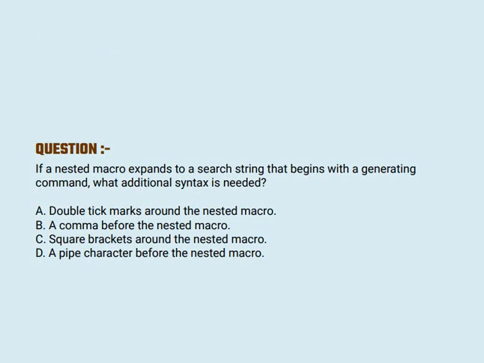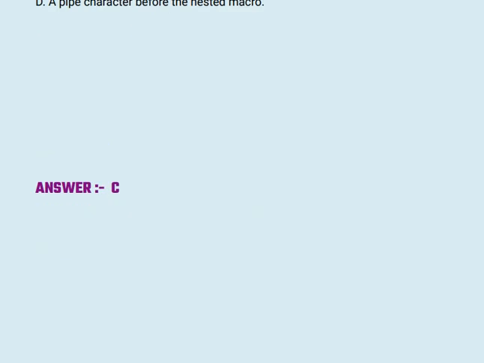Option B, a comma before the nested macro. Option C, square brackets around the nested macro. And option D, a pipe character before the nested macro. The correct answer is option C.